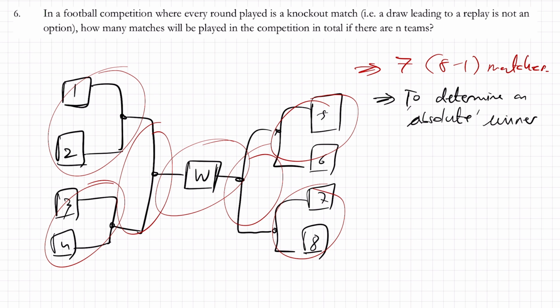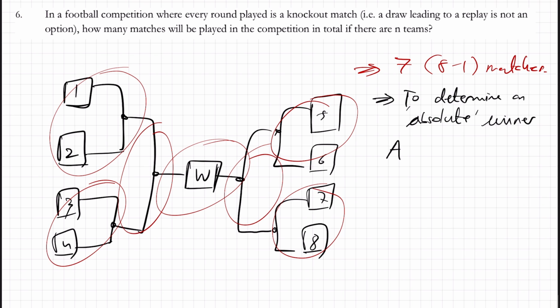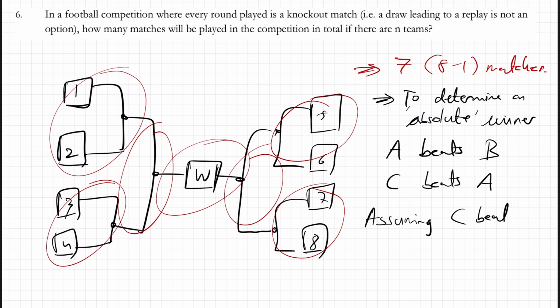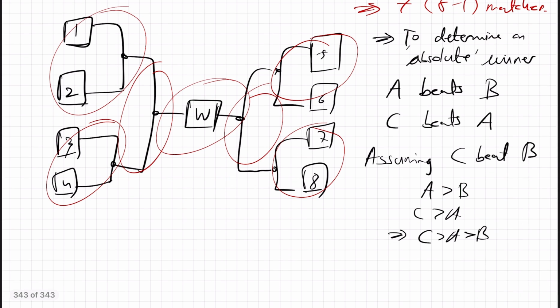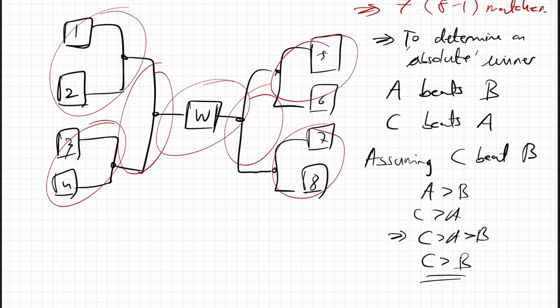And we're assuming if team A beats team B and C beats A, then C would beat B if they played a match. This is kind of like inequalities. If we're saying A is greater than B and C is greater than A, then we can assume C is greater than B without these two ever playing each other.